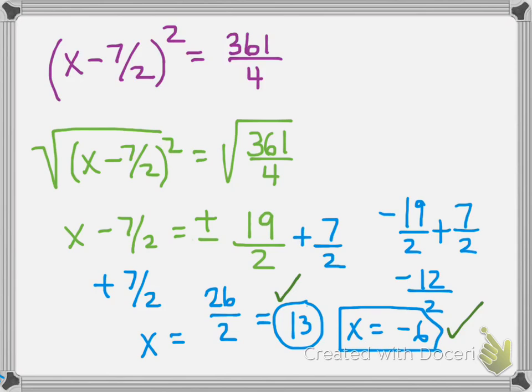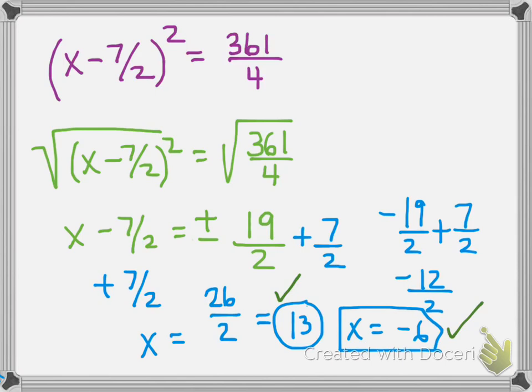The next step, to get rid of the squared, you take the square root of both sides. When you do that, you get plus or minus. Square root of 361 is 19, and square root of 4 is 2. To finish this problem, I add the 7/2 to both sides.